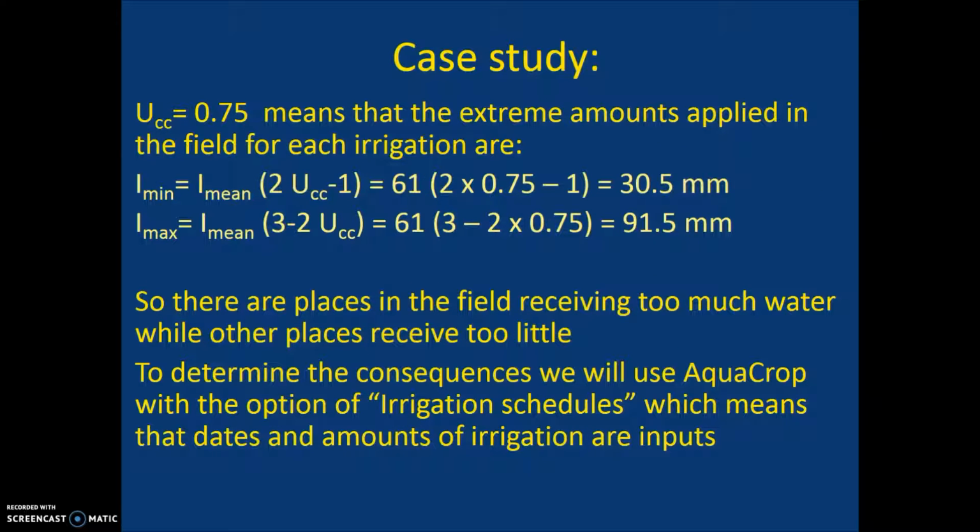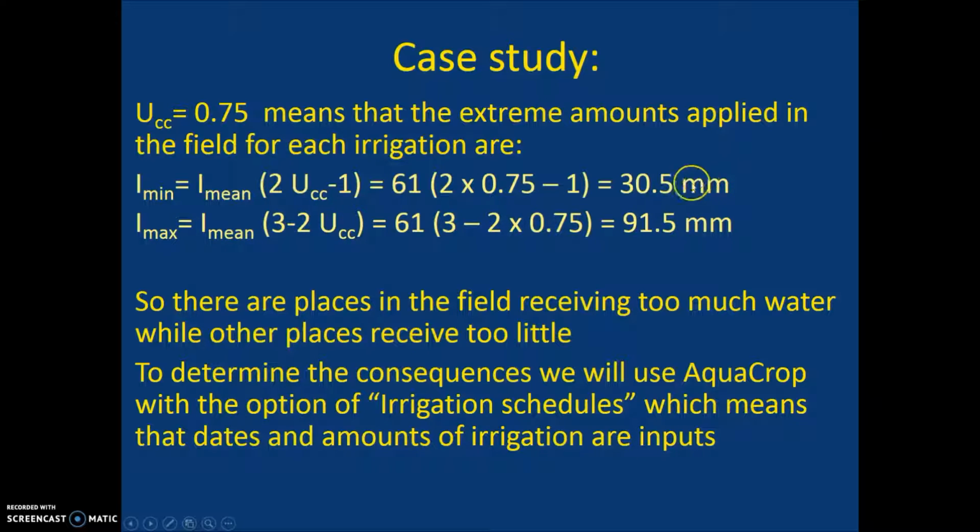A uniformity coefficient of Christiansen of 0.75 means that the extreme amounts supplied in the field for each irrigation are a minimum value, which is calculated using this equation, mean depth multiplied by 2 multiplied by the uniformity coefficient minus 1, and the maximum value is the mean depth multiplied by 3 minus 2 times the uniformity coefficient.